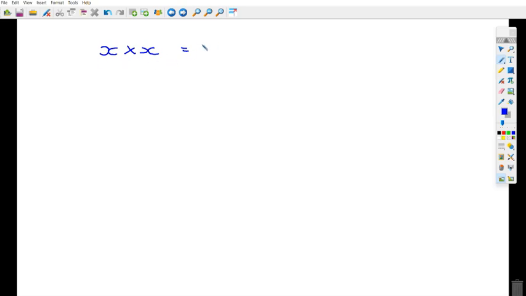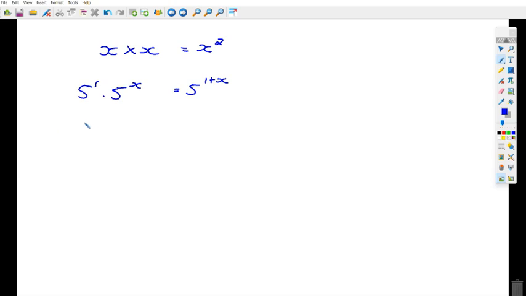It gives you x squared. But if I say 5 times 5 to the x, what does this give you? I've got same bases being multiplied. What do I do with the exponents if same bases are being multiplied? I add those exponents. So what's the exponent here? 1. So we've got 1 plus x.